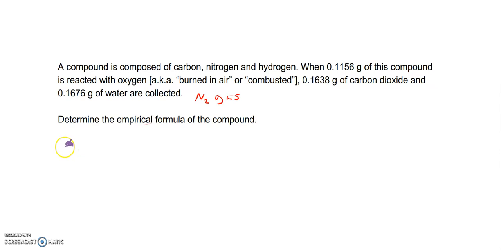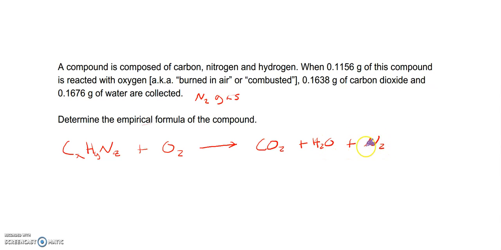So we've got some compound that we know contains carbon, hydrogen, and nitrogen, but we don't know how much. This compound reacts with oxygen to make carbon dioxide, water, and nitrogen.